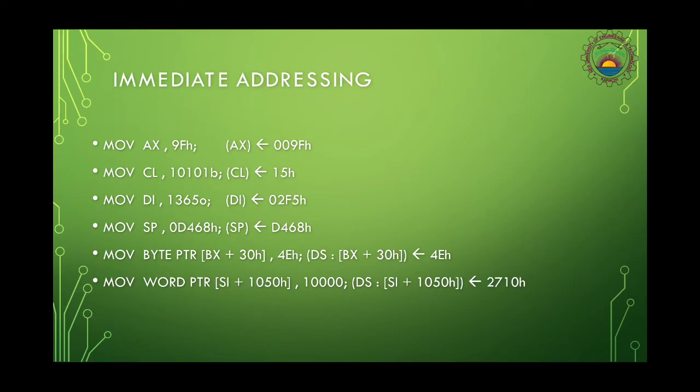So 2710 hex, that is the equivalent of 10,000 decimal, will be moving into the data segment at offset SI plus 1050 hex. So 10 will be stored at SI plus 1050 hex, and 27 will be stored at SI plus 1051 hex within the data segment. So that is the end of today's lecture.